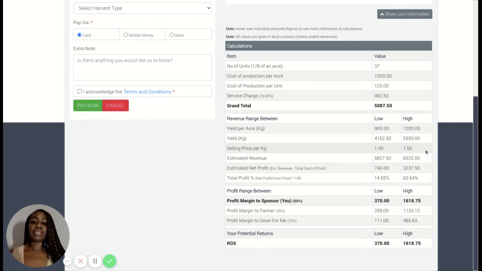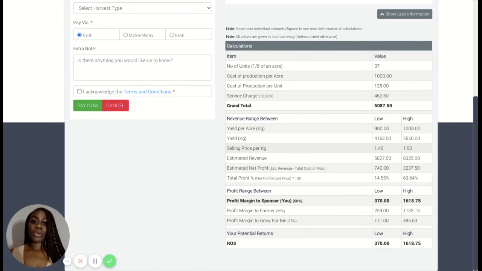Now, the second variable is price. There's always going to be a variation in what the price may be at any one point. We are a registered broker on the Ghana Commodity Exchange, so we do have access to the prices in the market. This is public information you can find at any one point through the Ghana Commodity Exchange, the prices for soybean per kilo.